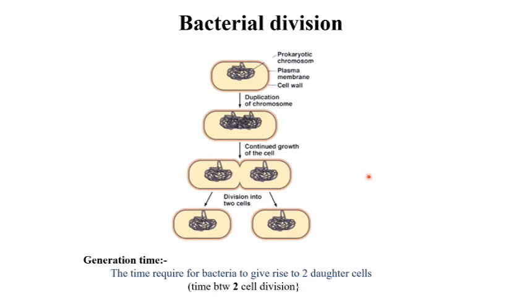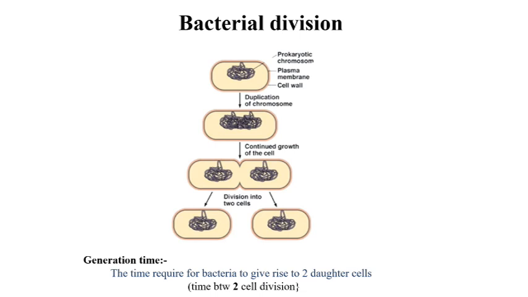And about the Mycobacterium tuberculosis, the generation time is 15 hours. That means depending upon the organism, the generation time will be different. The generation time is the time required for bacteria to give rise to two daughter cells. We will call it generation time.